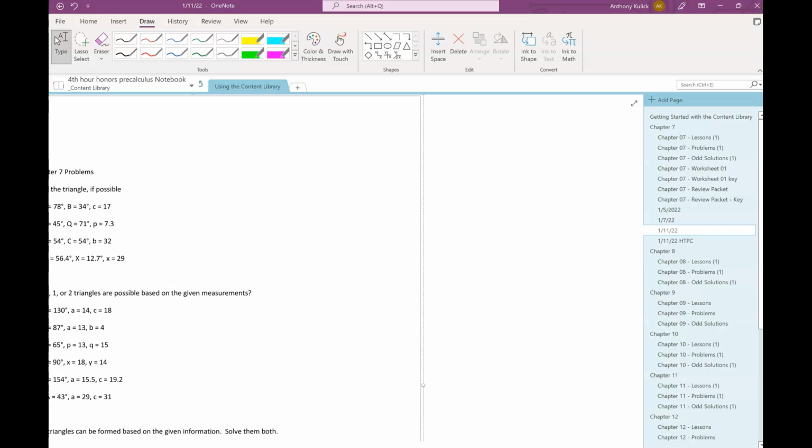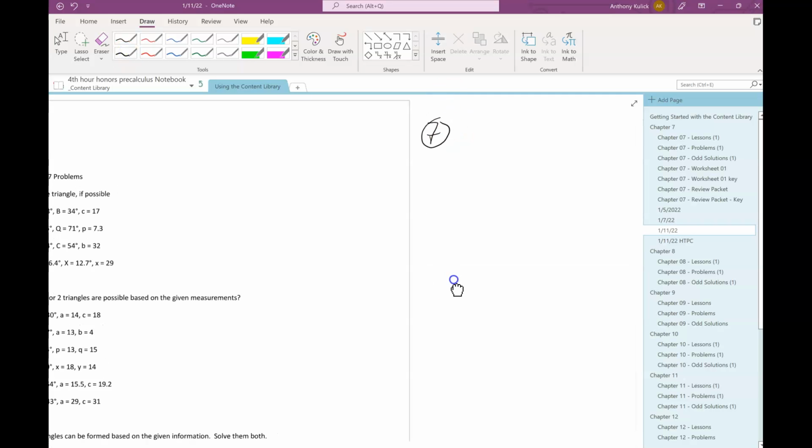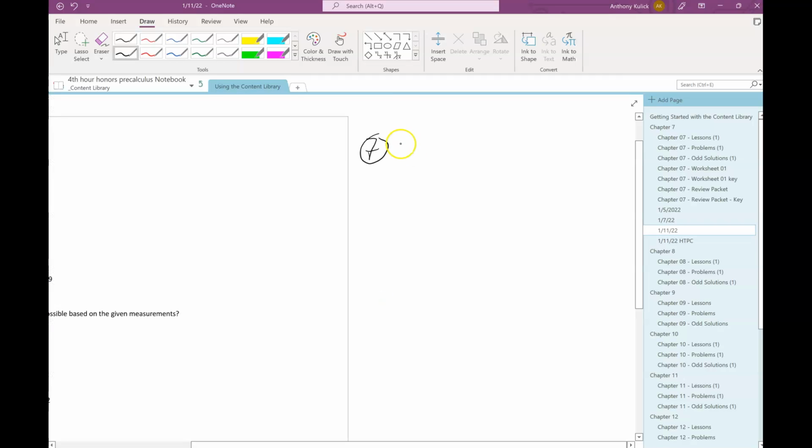All right, so the directions on 7 ask to determine if there's 0, 1, or 2 triangles possible for the problem.